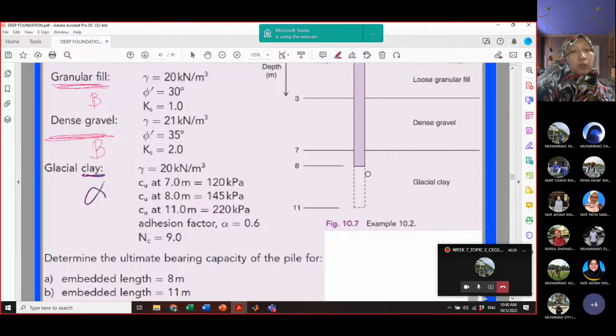Since the bottom of the pile is in the third layer of soil, in clay, we will use QB as C NC times AB.